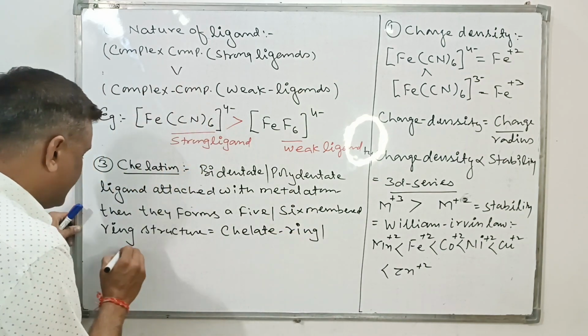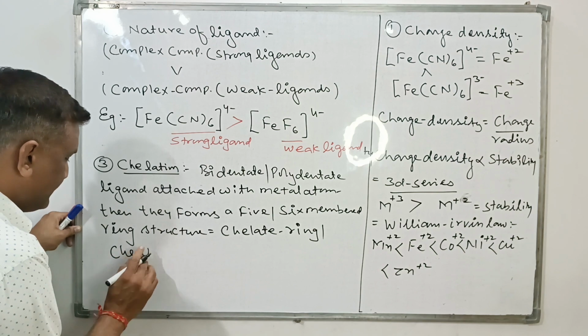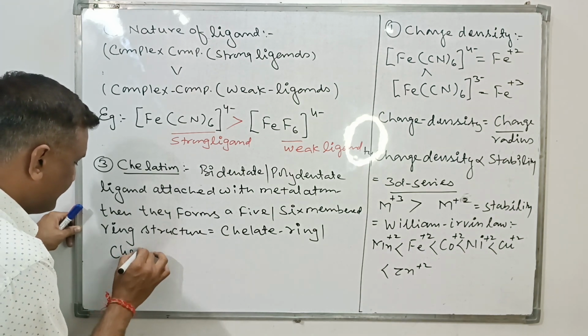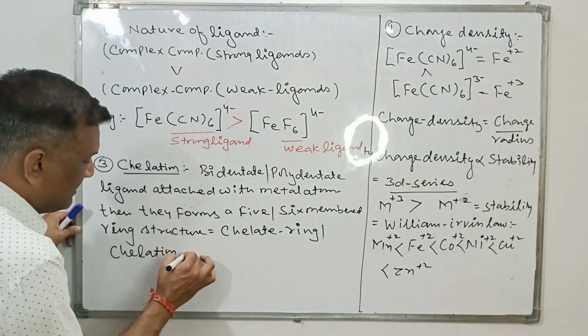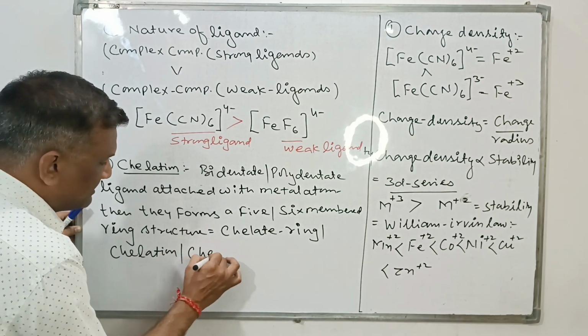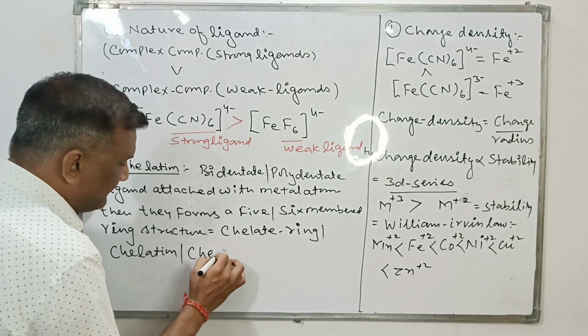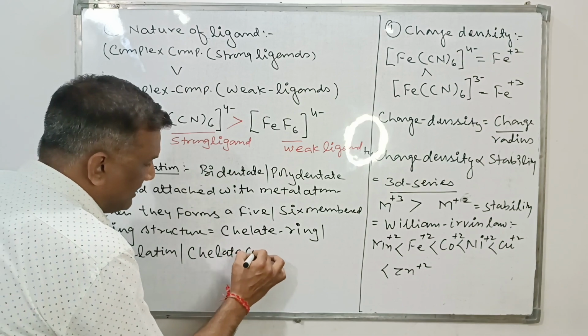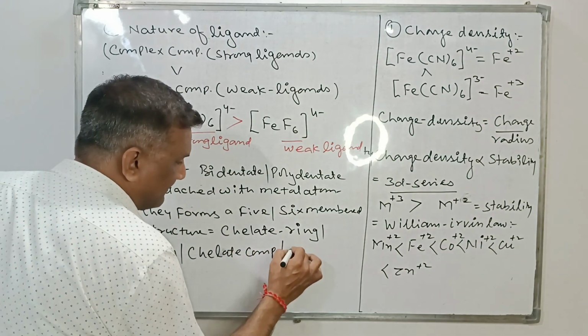This effect is called chelation, the compound is called a chelate compound, and the ligand is called a chelate ligand.